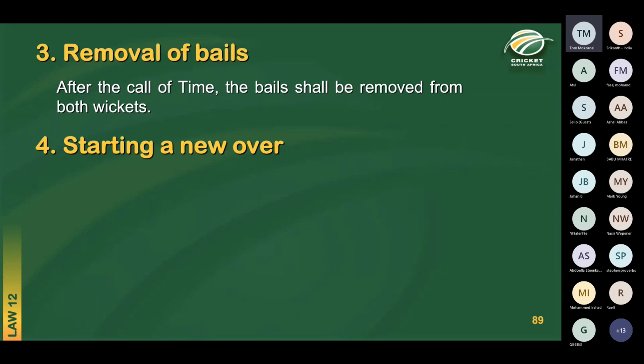If the clubhouse is in the opposite direction of the striker's end bails, you can just ask the wicketkeeper on his or her way past the bails to remove them for you. Okay.